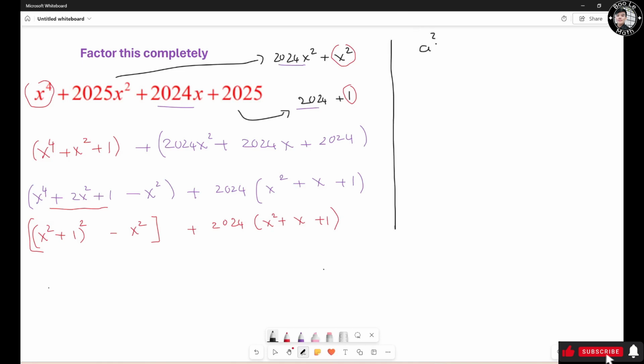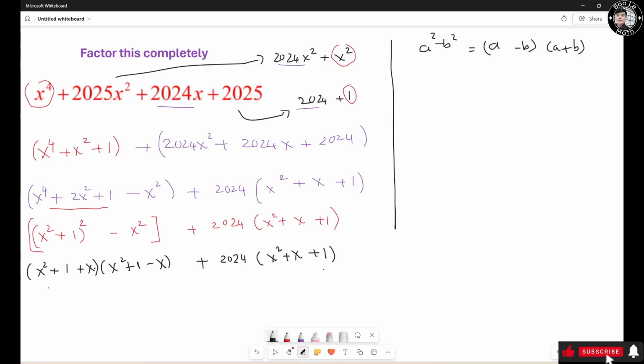It's going to be a squared minus b squared equals a minus b times a plus b, right? So this guy turns out to be s squared plus 1 plus s, right? Times s squared plus 1 minus s, right? Plus 2024 times s squared plus s plus 1, right?